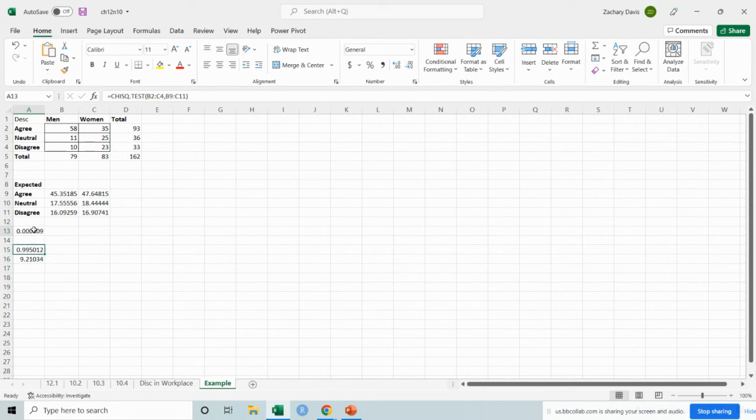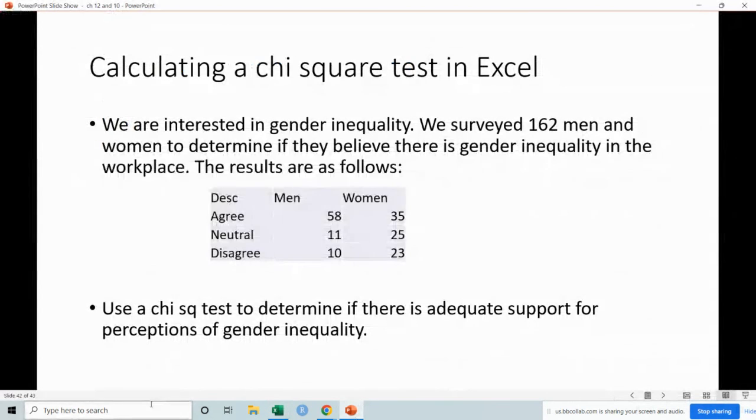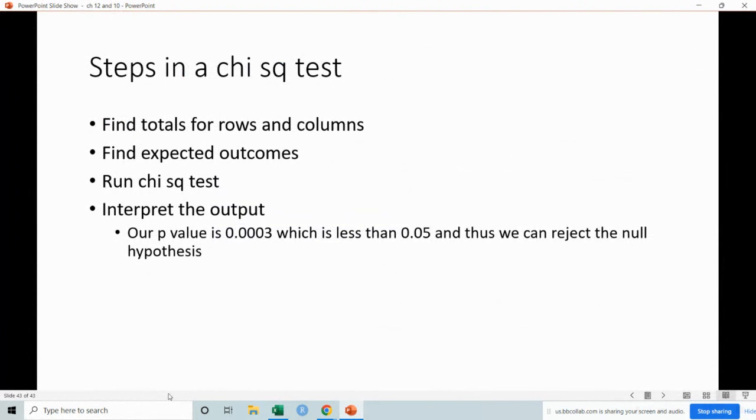So that's the p-value if we're doing a hypothesis test, and if we're interested in the actual chi-square value, that's what the chi-square statistic would be. Okay, so based on that, we can reject the null hypothesis because the p-value is less than 0.05.